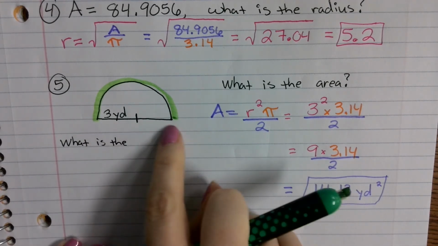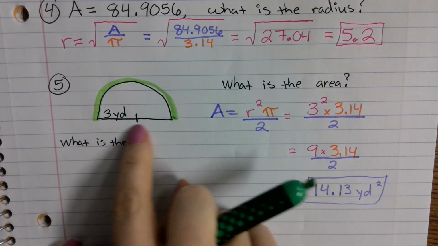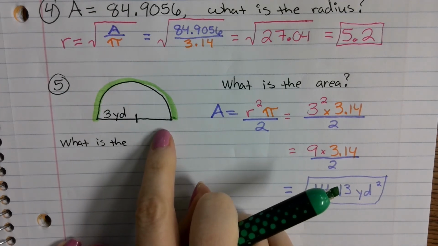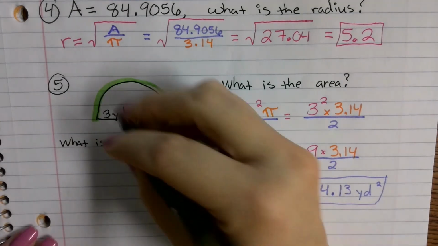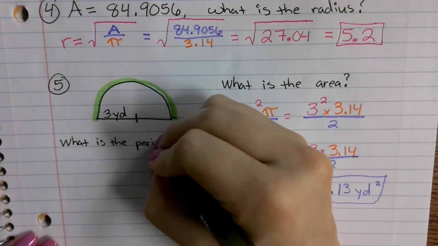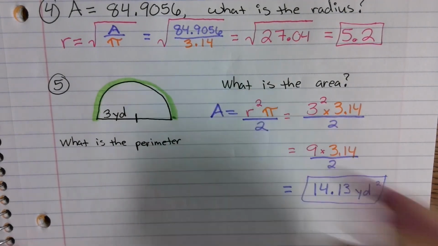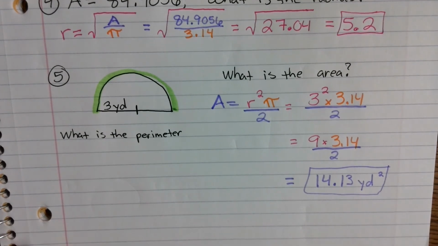So what do you think I'd have to do then? Rashawn? And then add the diameter. Perfect. Great guess.